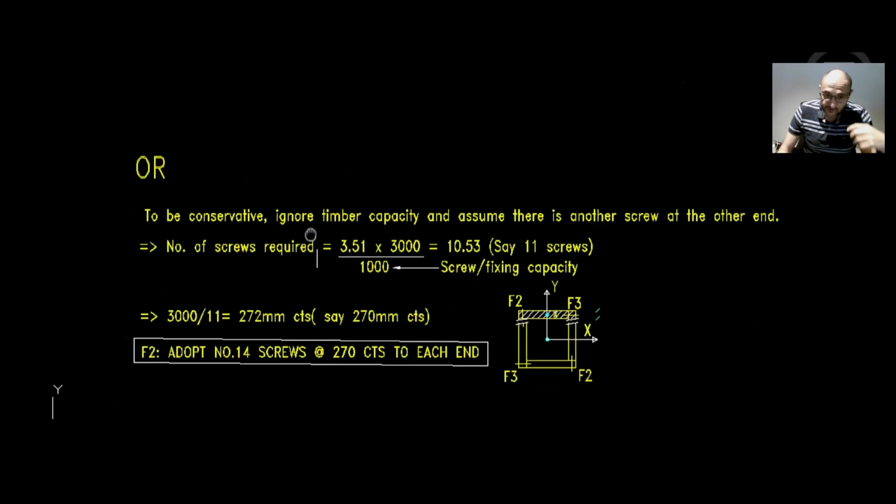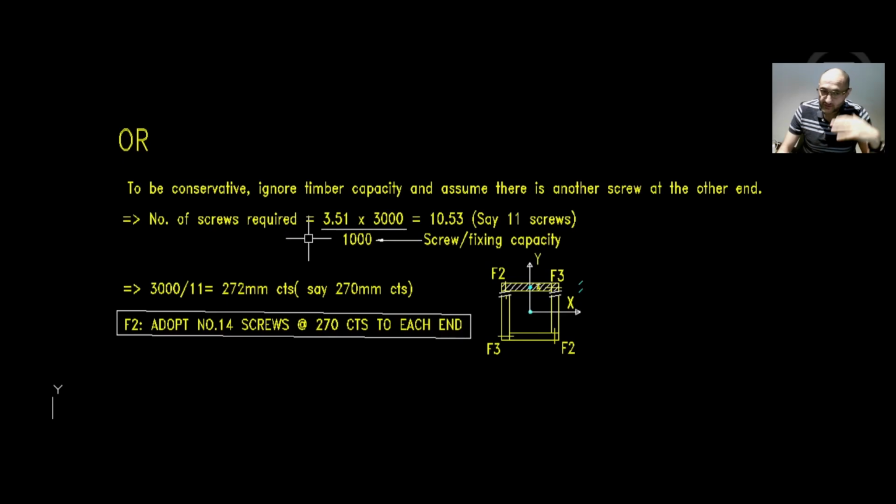Or to be conservative, and everyone can sleep at night, and I kind of encourage the conservative approach, is to ignore the timber capacity completely and assume that there is another screw, another F2 if you like, another vertical F2 on the other side, on the other end. So then the number of screws required would simply be like option A, 3.51 times 3000 divided by the capacity per screw.